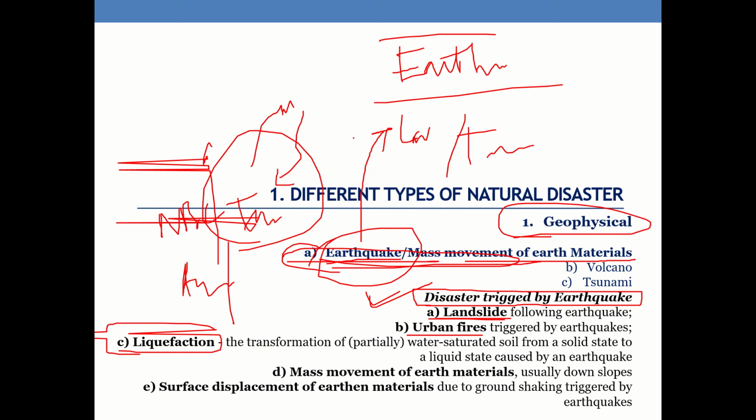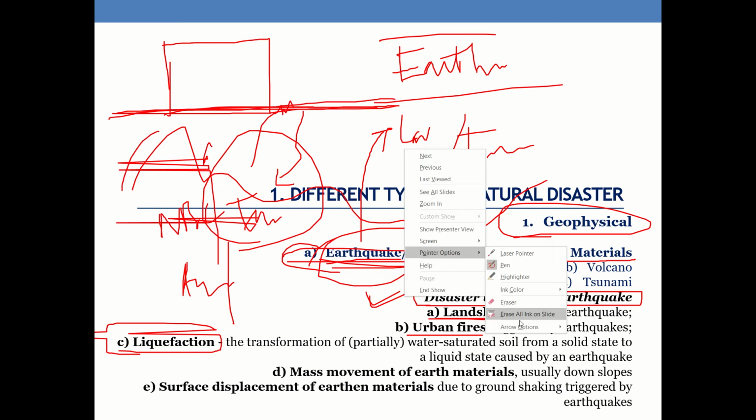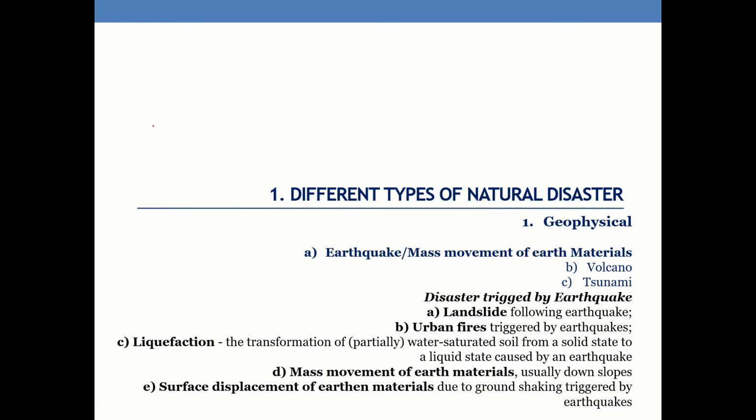which is nothing but, for example, let us say we have some land, and we have built structures on top of a particular topography. Over a period of time, because of the earthquake, let me erase this so that it is slightly clear.